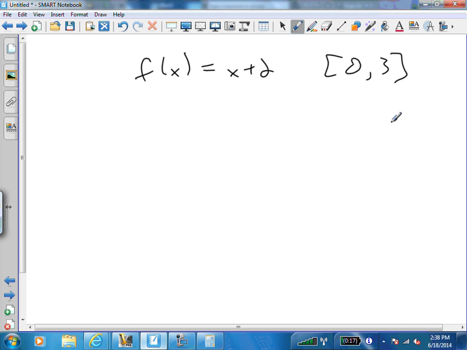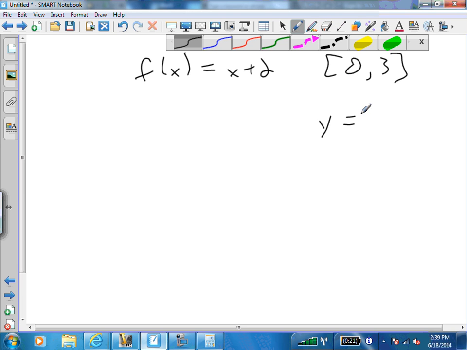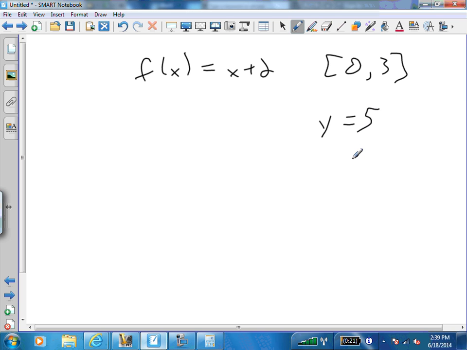Let's rotate that same curve about the line y equals 7. I'll tell you what, let's do a different one for now. Let's do y equals 5.